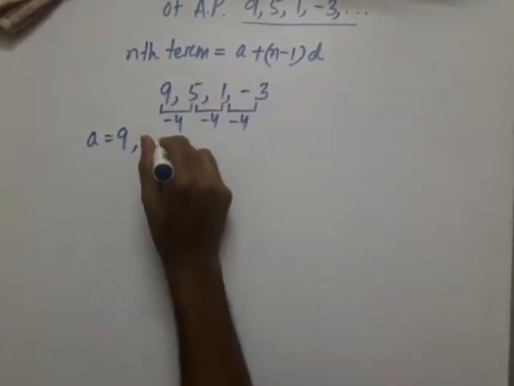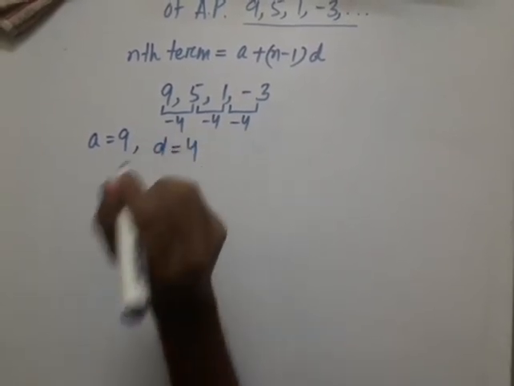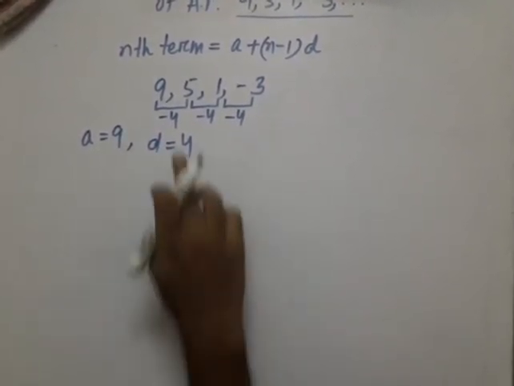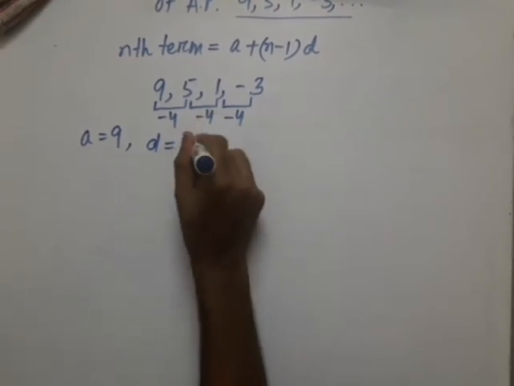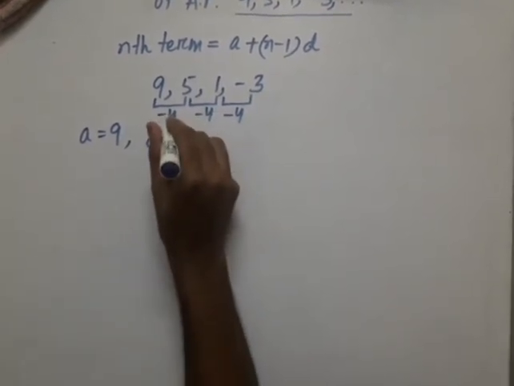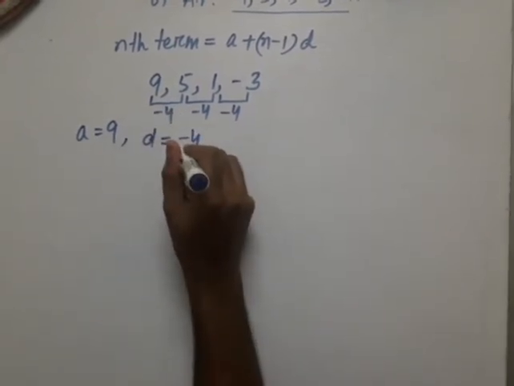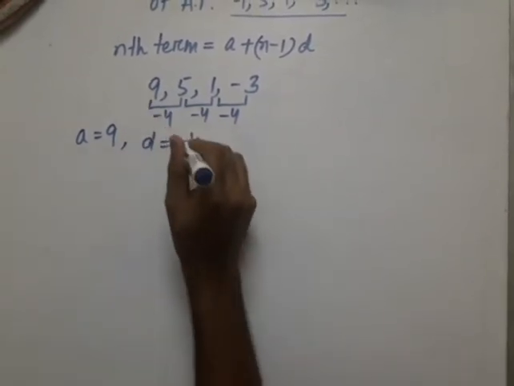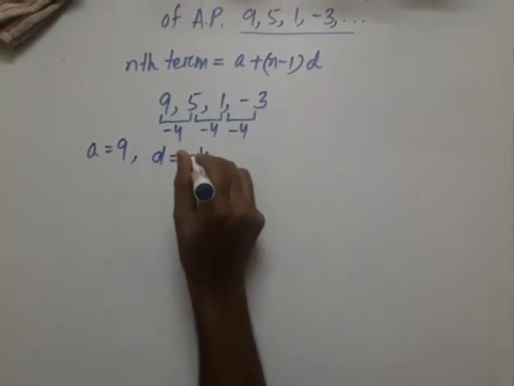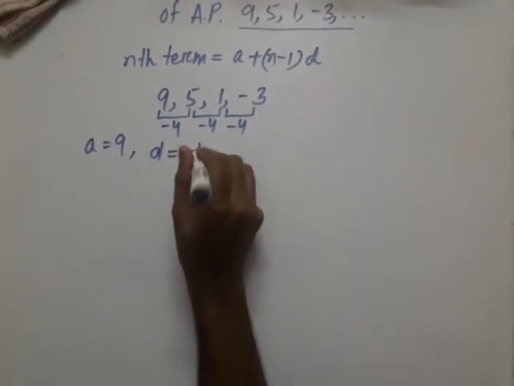So, we have the common difference as 4. Sorry, we have as minus 4. We can see minus 4. Okay, if it would have been plus, we would have written plus. Okay, but since it is minus, we have to write minus along with the sign. You have to take the sign also, remember.